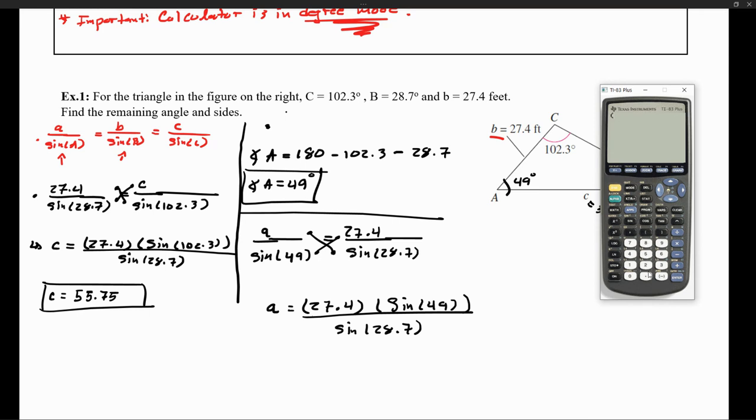This is 27.4 times the sine of 49, divided by the sine of 28.7. So now we know that side A is equivalent to 43.06.